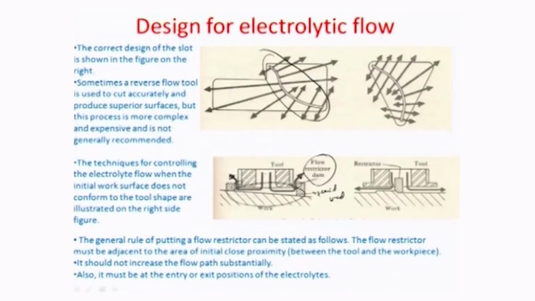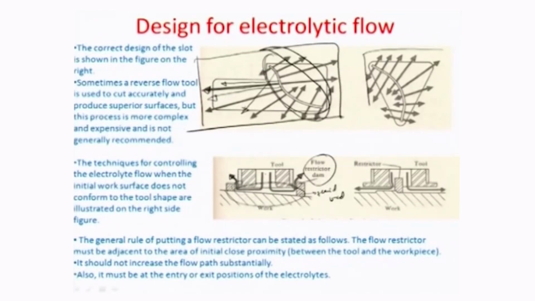Okay. So, in this particular case there may be a flow coming out here, there may be a flow coming in this direction. Okay. There may be a flow coming in this direction as already illustrated, this direction perpendicular to the slot is already illustrated. And so, the idea is that the curvature of the slot has been designed in a manner so that the full area can be supplied with the electrolyte.